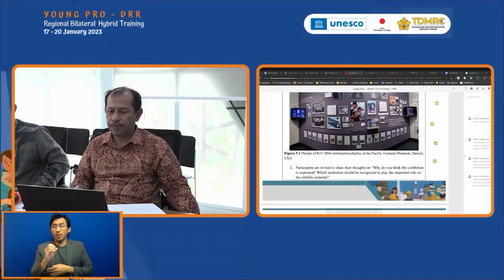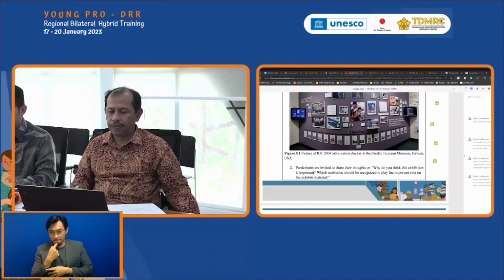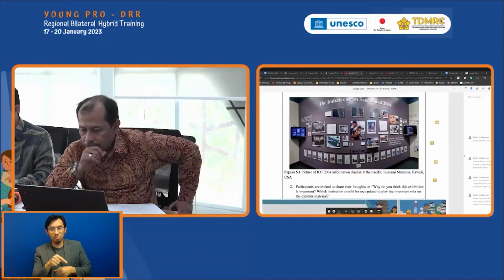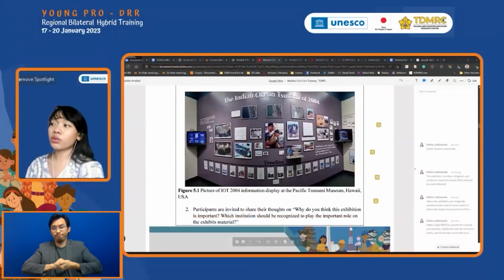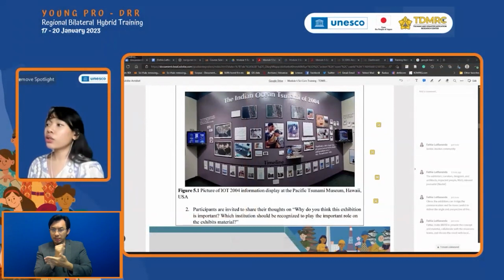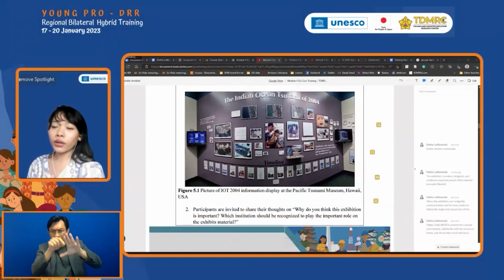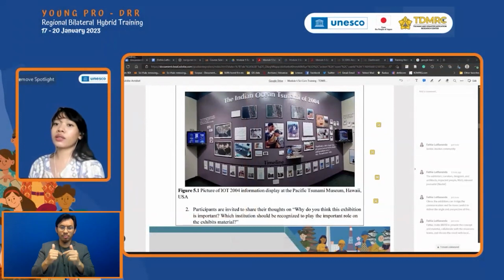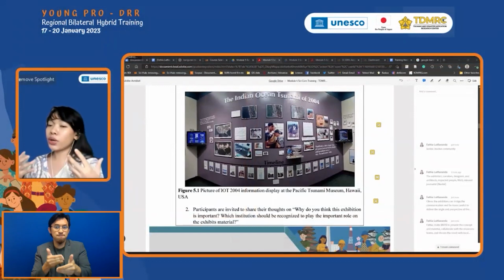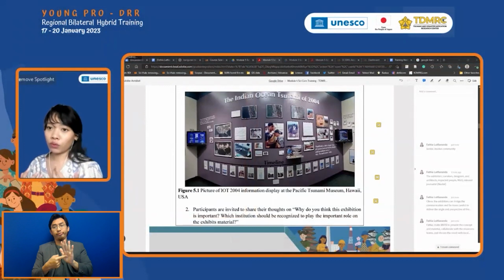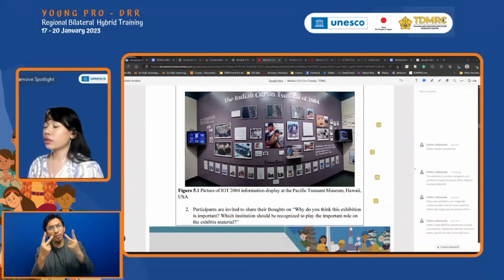Previously Kak Naufal mentioned that to develop this, we need to collaborate between the exhibitors, curators, designers, and also the architect of the building itself, because it can simultaneously develop or bring a new emotion from the tourists that attend the museum.